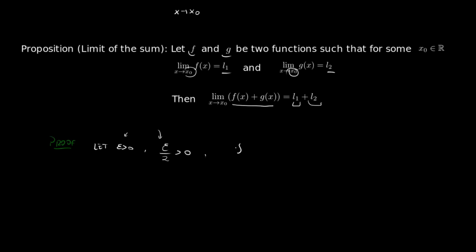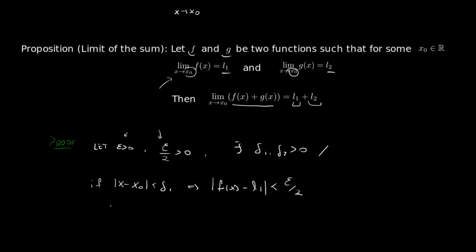So now we know that there exist two numbers, delta 1 and delta 2, both greater than 0, such that we have two things. If the absolute value of x minus x0 is smaller than delta 1, then this is the definition of limit for f, then the absolute value of our function f minus its limit L1 is smaller than, as we said before, epsilon over 2.